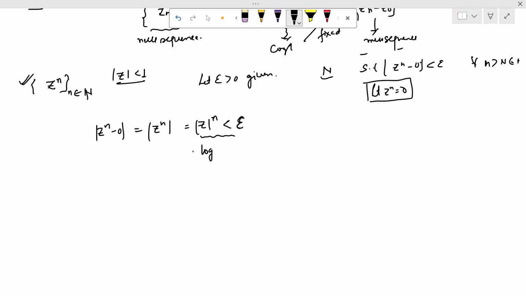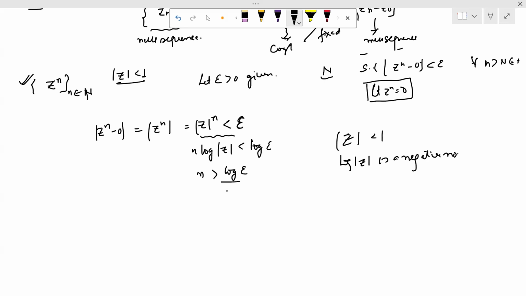Take log both sides. It implies n log mod Z is less than log epsilon. And you know already, since modulus of Z is less than 1, log mod Z would be simply a negative number. Since it is negative, if I divide by it, the inequality would change. So n is greater than log epsilon divided by log modulus Z.